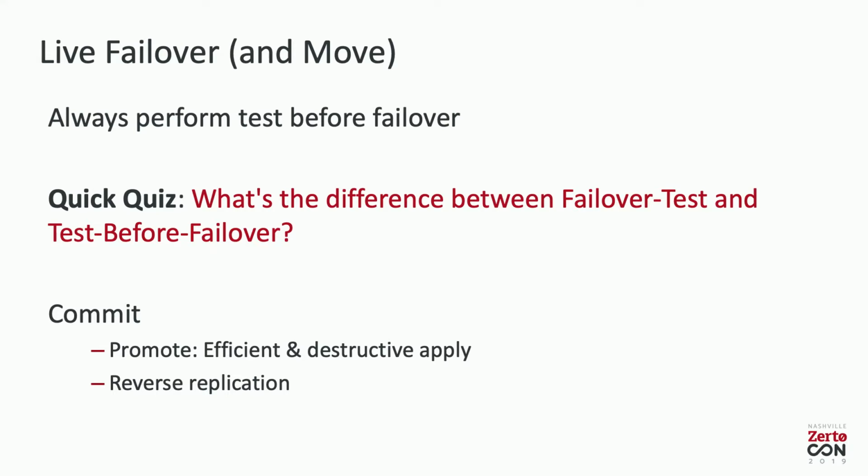But then, at the end of the live failover or the move, you've got the commit. What the commit does is it takes all the data, so we have the region locator. The region locator tells us some of the blocks for our image are already on the recovery disk. Great, they're in the right place. But other blocks are either in the journal or in the scratch disk.